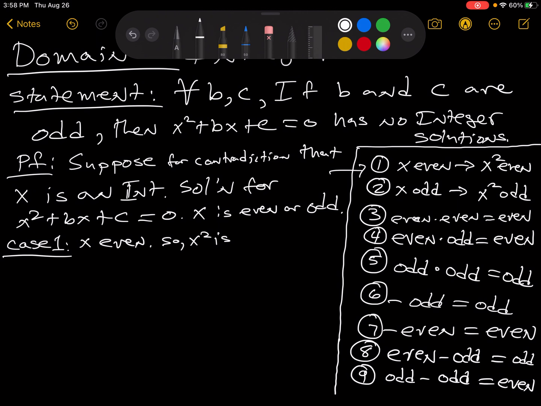So, right, we assume that x is an integer solution for this equation. Well, if x is an integer, it's either even or it's odd. Well, let's see what happens if it's even. If it's even, then x squared is also even. We established that. x squared is even.